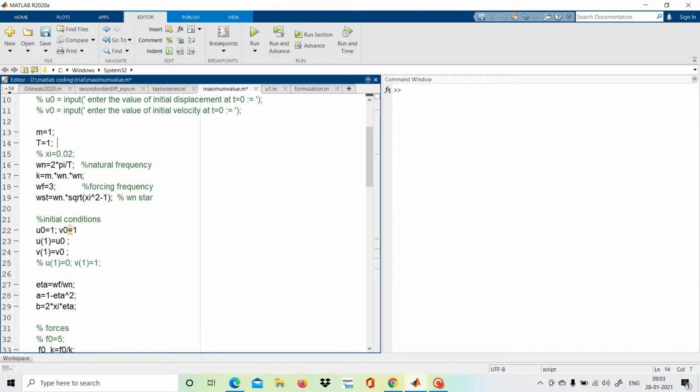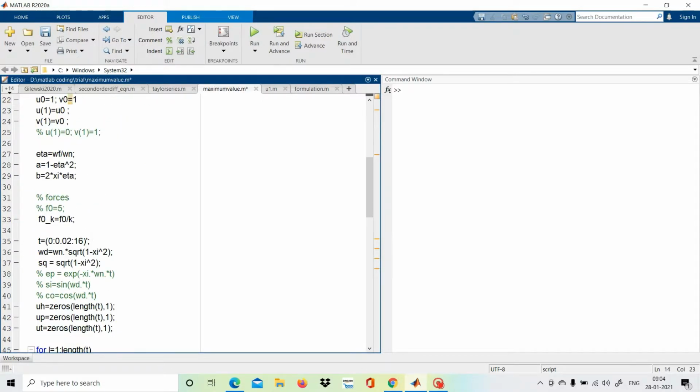We can write here the time period, and this t here is the duration.